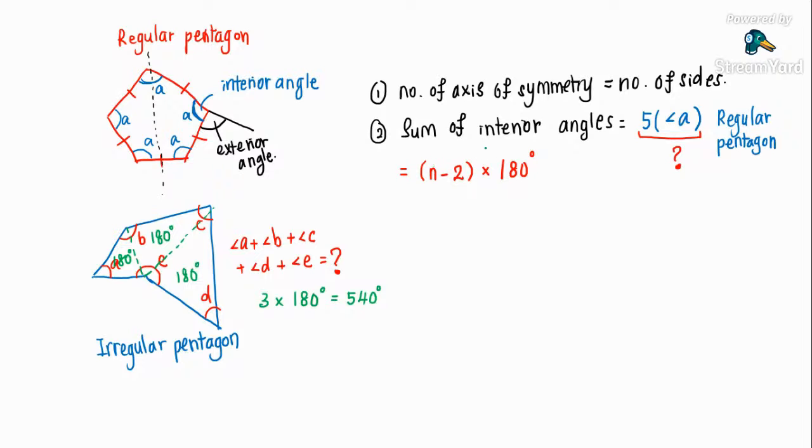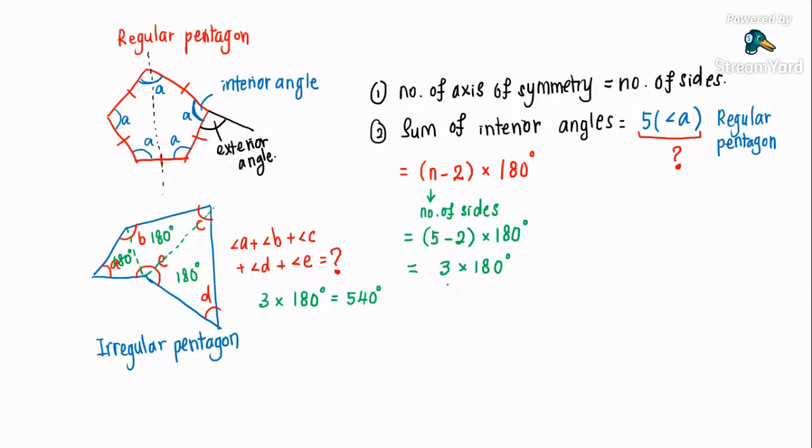Okay, so you can see if I use this formula, n is asking for the number of sides. So this is the number of sides, which means I have 5 sides here, so n equals 5. So 5 minus 2 times 180 takes me to 3 times 180 here.